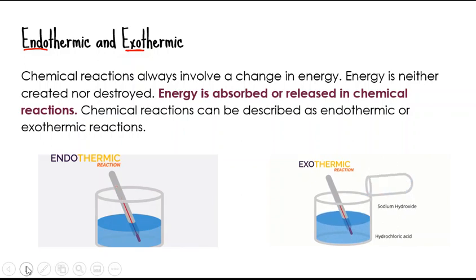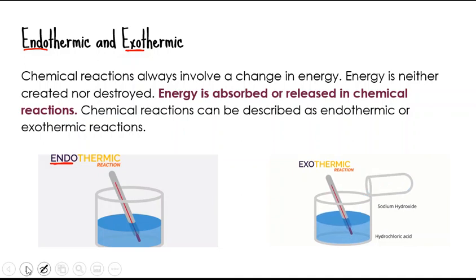Now, paying particular attention to the lovely graphics up here. In the endothermic, what you see here is the temperature starts out a lot higher and the temperature decreases. What that actually means from us and from the thermometer's perspective, we are located in the surroundings.